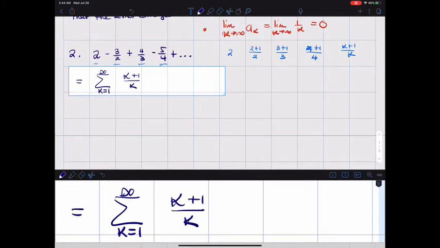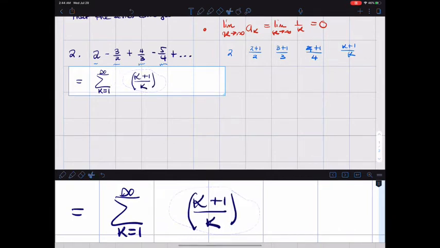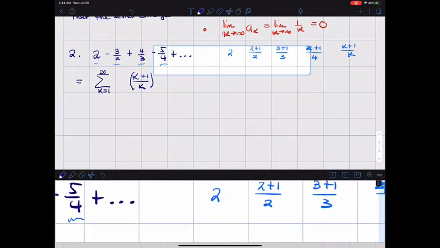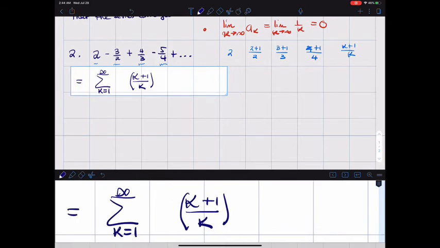Now we have to decide how to take care of the signs. When k is equal to 1, we get 2 over 1, which is just 2. But when k is equal to 1, we want the sign in front of 2 to be positive.